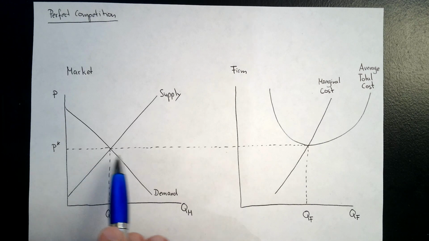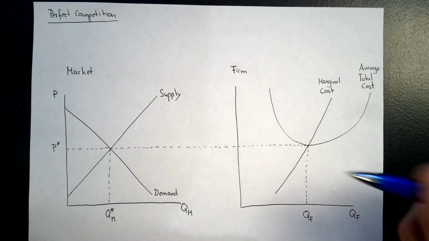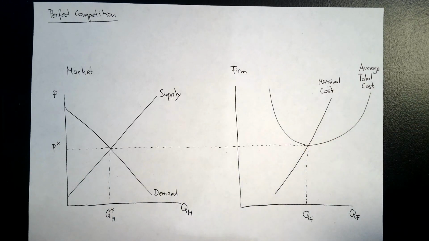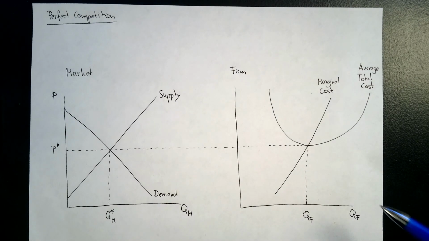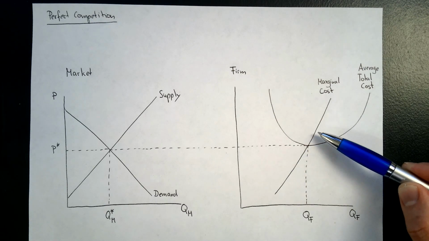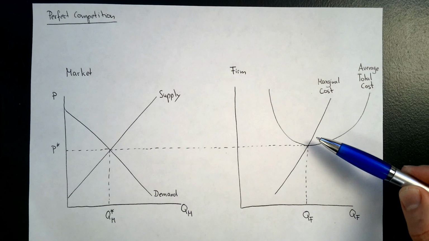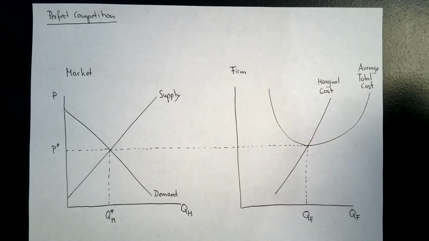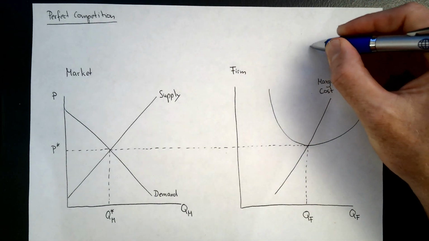The firm takes the market price as given, and sets marginal cost equal to the price. So think about if the price was higher than the marginal cost. Think about, for example, that this is the market of wooden chairs.